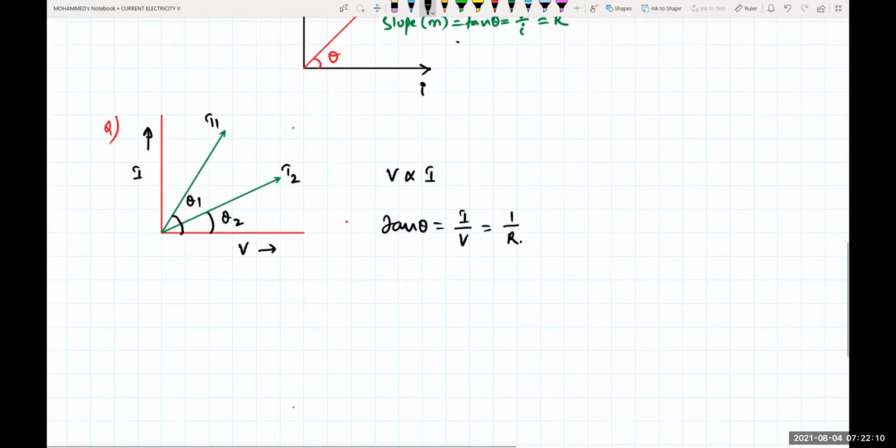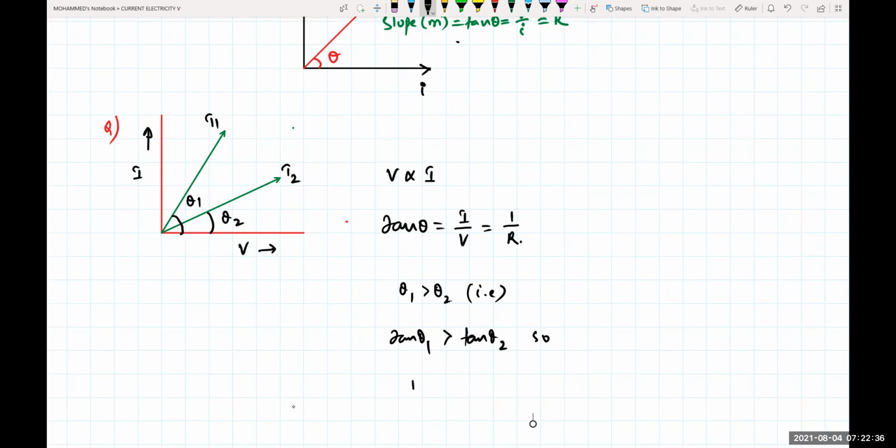Is it clear? So here theta 1 is greater than theta 2. So I can write tan theta 1 is greater than tan theta 2. If theta 1 is greater, R1 will become less.